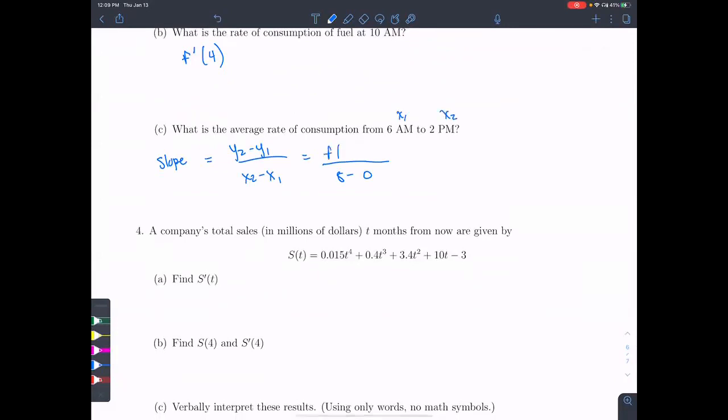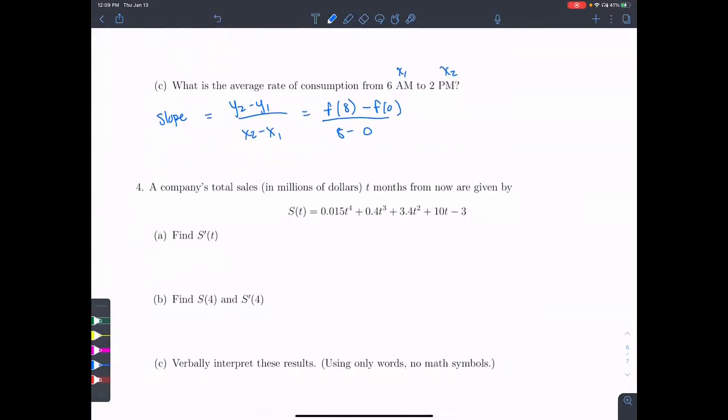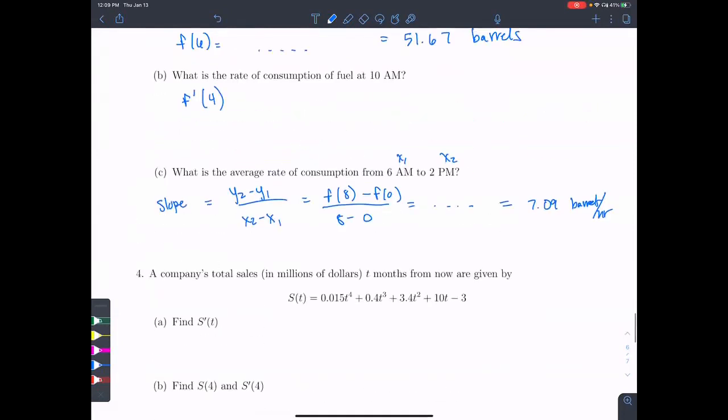And you want to find F of 8 minus F of 0, over 8. I believe you should get something like 7.09 barrels per hour. And on the one above, the rate of consumption, 7.13 barrels per hour, I think.